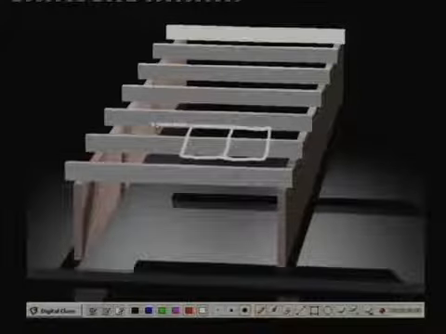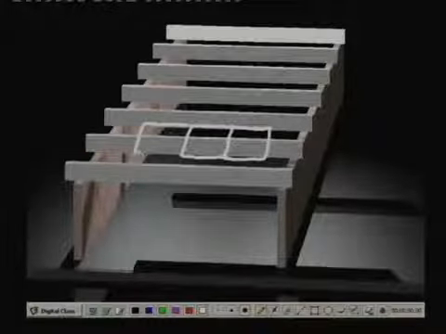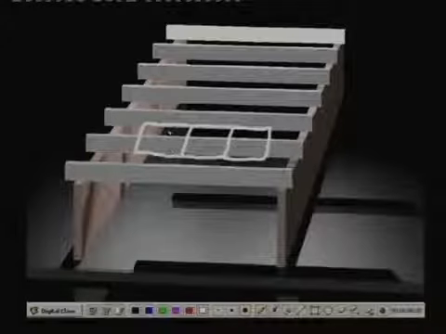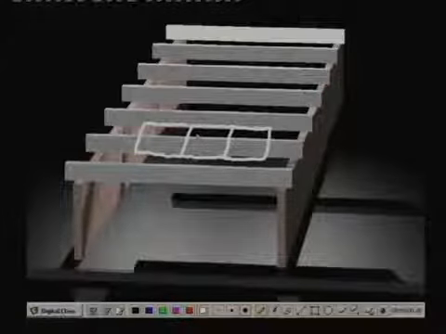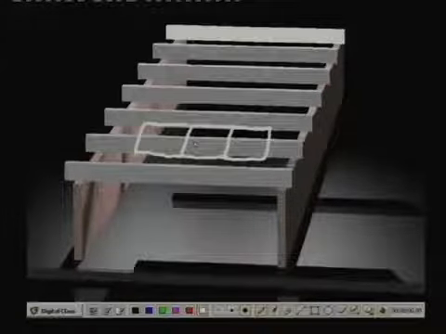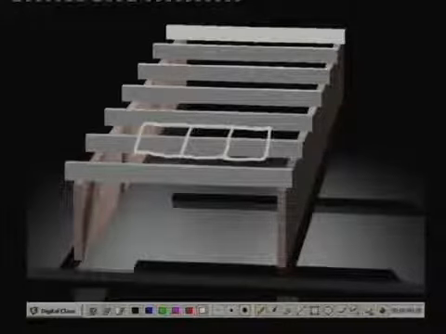When you talk about a beam, it should be UDL per meter. So whatever load we have got, that is 3.989 or 4 kilonewton per square meter.